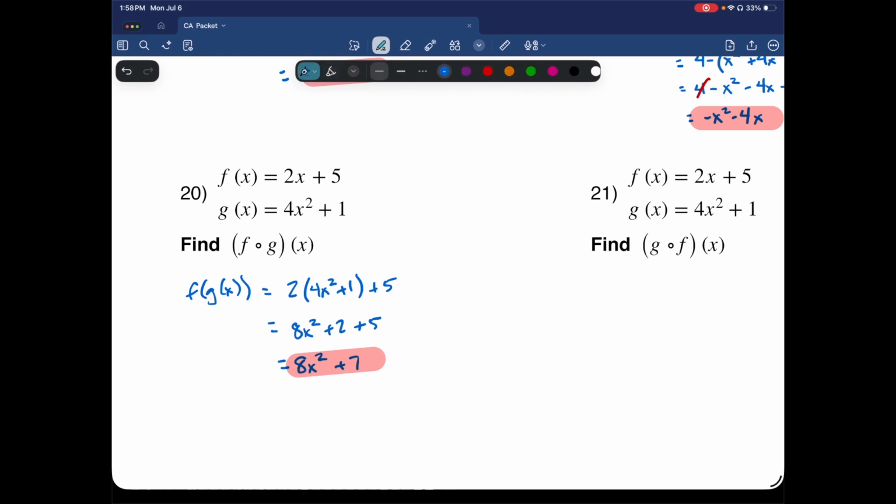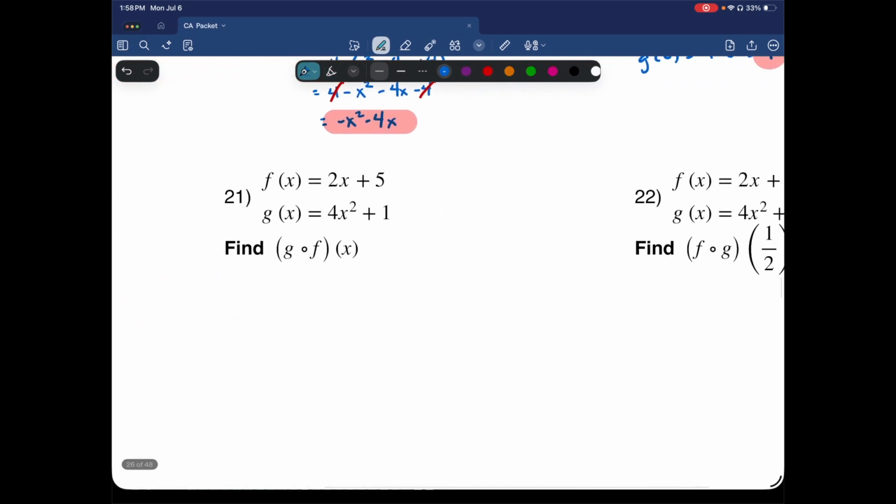Okay. 21. We have g of f of x. So I'm taking f and plugging it into g. So let's see, we got 4 times 2x plus 5 all squared plus 1. 4 times, that's going to be 4x squared plus 20x plus 25 plus 1.